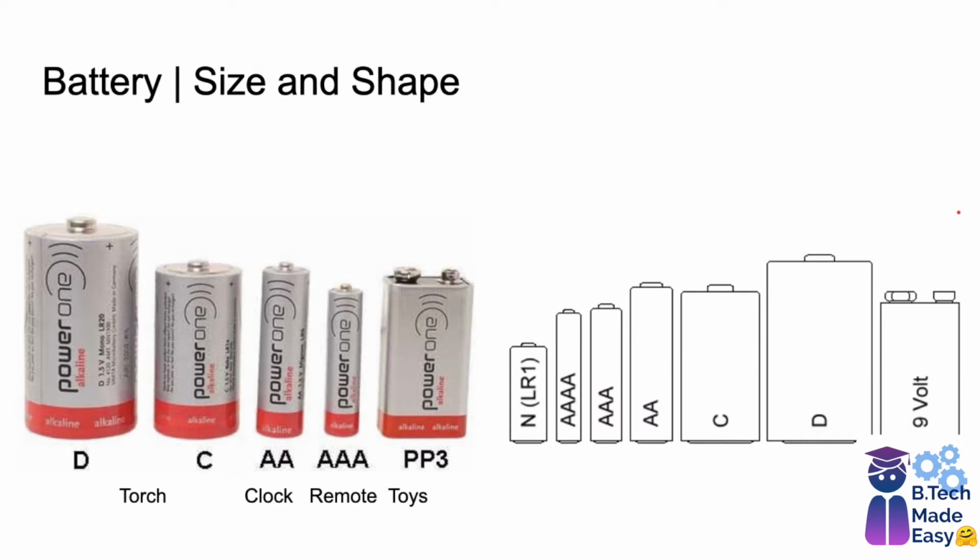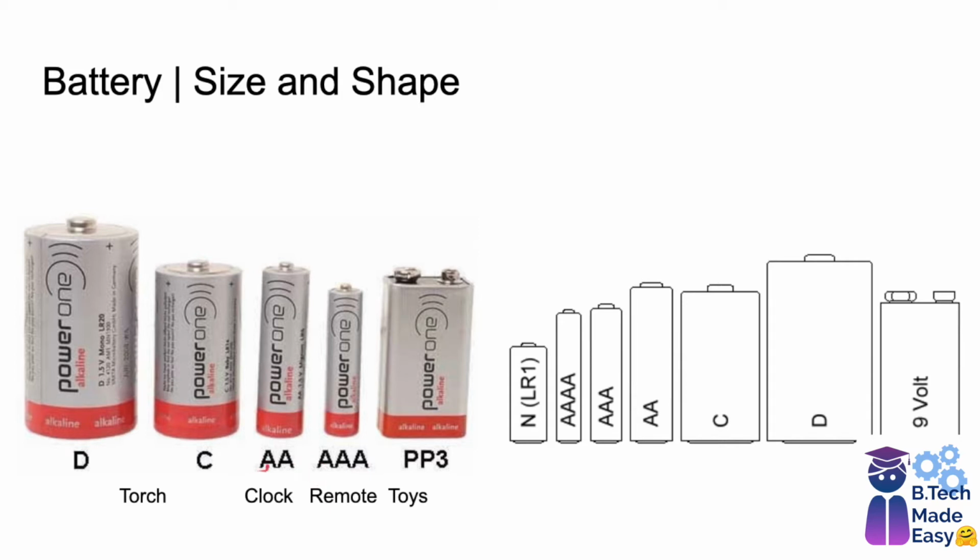Now regarding the classification of batteries based on size as well as shape. I am sure that many of these batteries you might have already taken in your hands, correct? Anyway, these two, that is the AA size battery and the AAA size battery, of course you might have used in your homes.